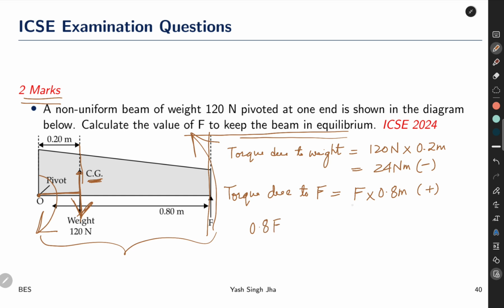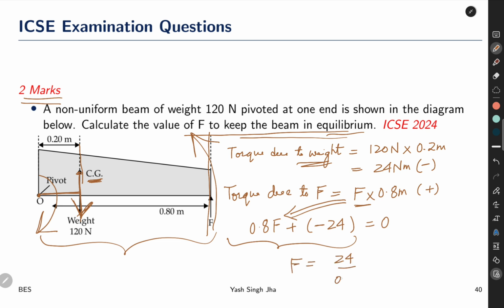I am adding torque due to F, which is 0.8F, plus torque due to the weight, which is minus 24, equal to 0. It should be 0 since the beam is in equilibrium. So F is 24 upon 0.8, which turns out to be 30 Newton.